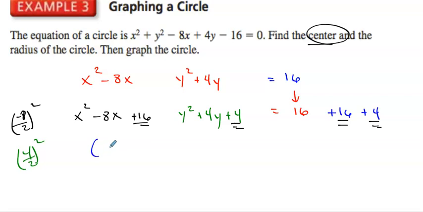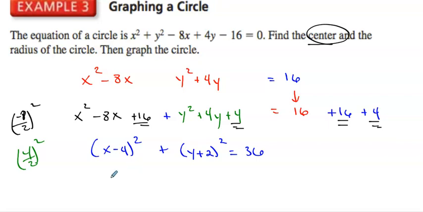Now with this, I could write this as x minus 4 squared, so completing the square of just that piece, plus y plus 2 squared equals 16, 16, 32, and 4 is 36.